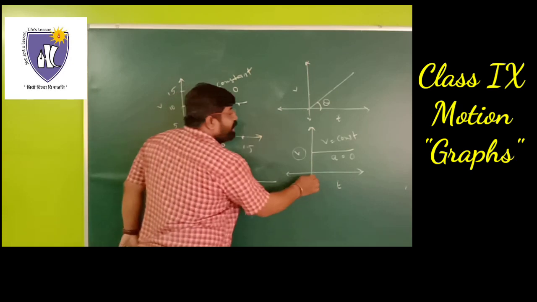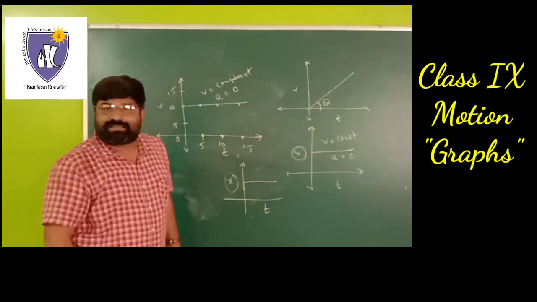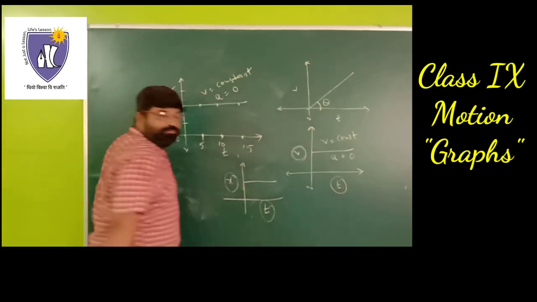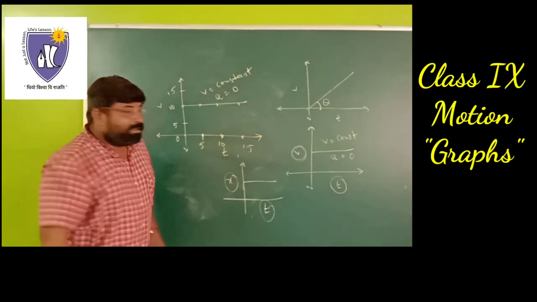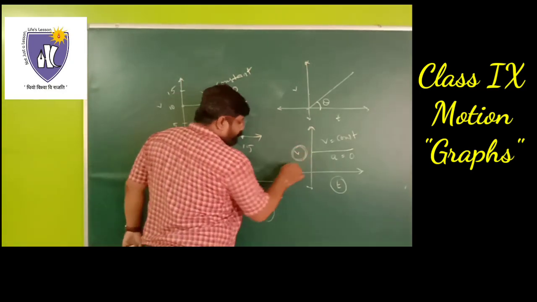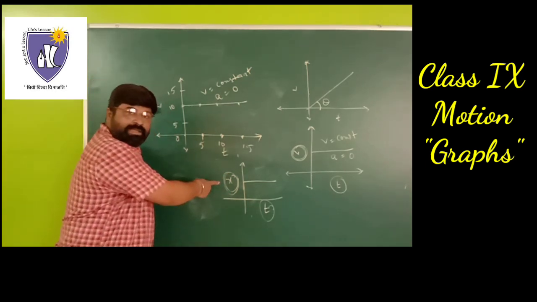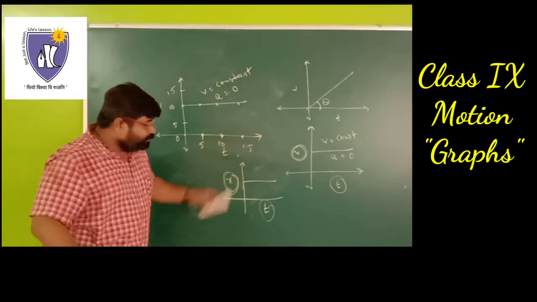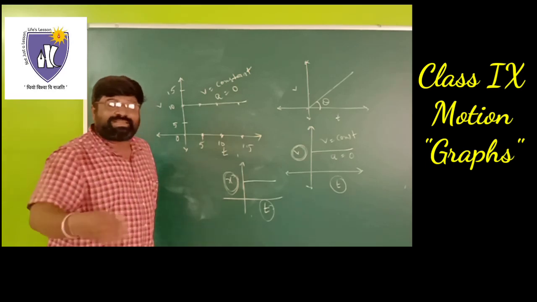So we have to be very careful about what is given on the y-axis, because it is for sure that the other axis will be time. Here we have to see what is given. If it is distance, position or displacement, they are one and the same in such graphs, so they will represent object at rest.